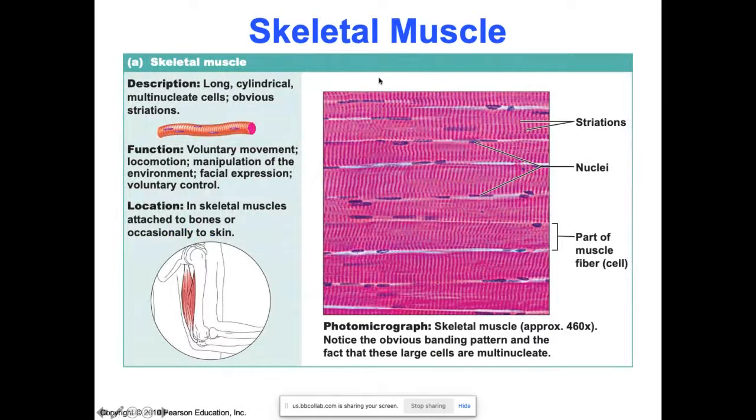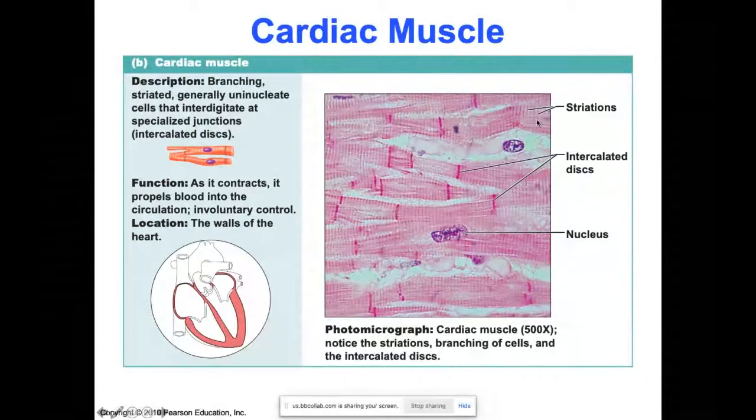Under a microscope, when we look at skeletal muscle here, we see that we have striations. It's like light, dark, light, dark, light, dark, these light and dark bands. Skeletal muscle, like the triceps or biceps, is voluntary. You have conscious control of it. What else is striated is cardiac.